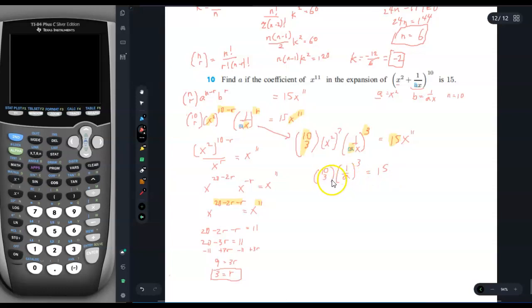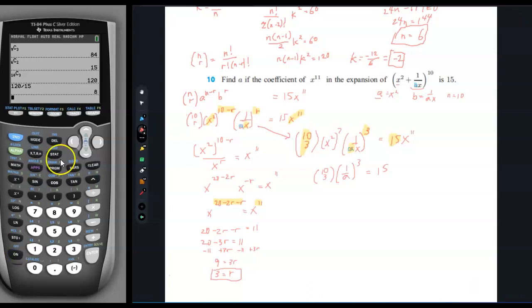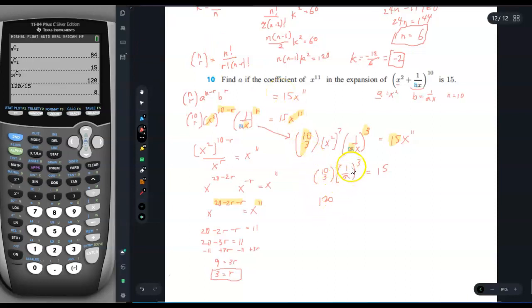It's not a difficult algebra equation. What's 10 choose 3? We'll do that with the calculator. Oh, 10 choose 3, it's 120. I already did it. So 120, 1 cubed is just 1, a cubed in the denominator, equals 15.